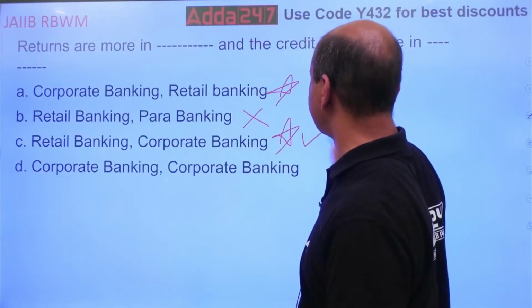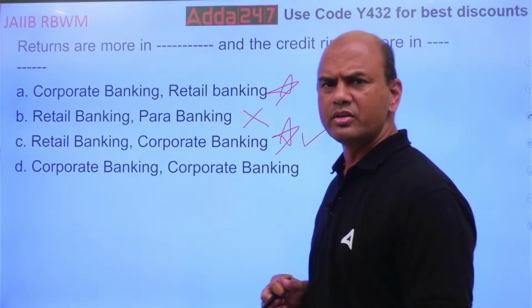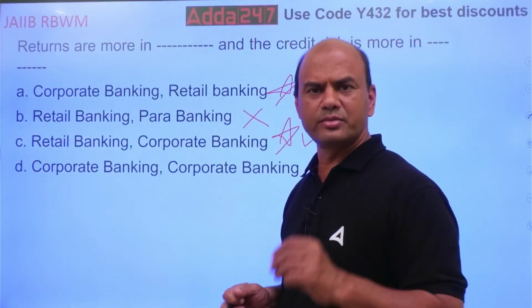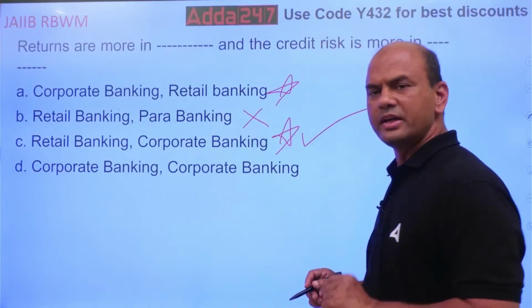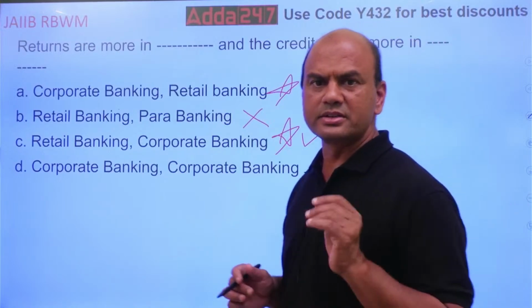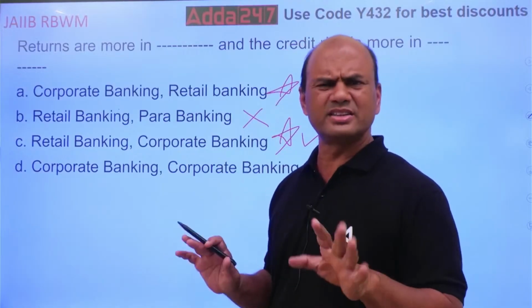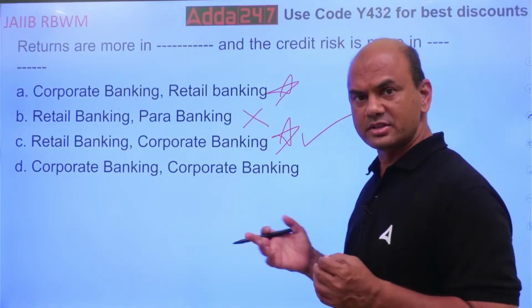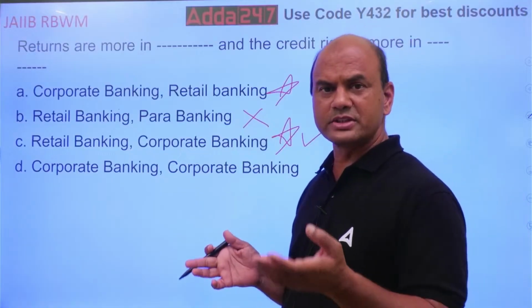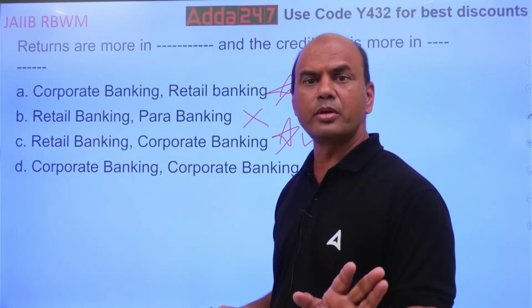Retail banking. Returns are always more in retail banking. Why? You'll say, sir, what are you saying? How can the returns be more? I'll give you an example. In the retail banking, what happens? The customer doesn't follow the repo and reverse repo and CRR. He doesn't follow. So even if RBI tomorrow reduces the CRR or repo, customer will not come to your branch.